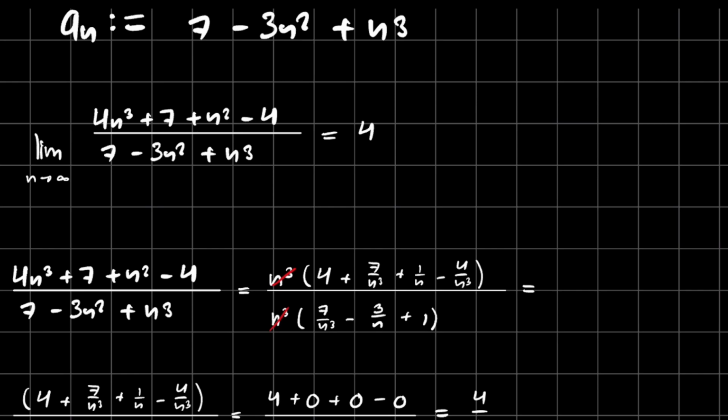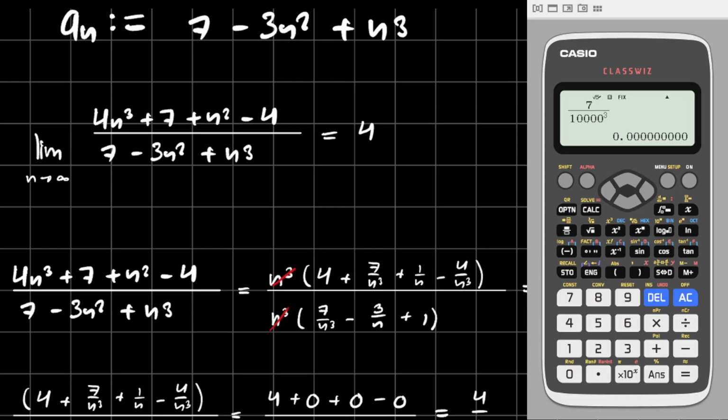And we can check this with the calculator again. Let's do 4 times 10,000 cubed, plus 7 times 10,000 squared, minus 4, over 7 minus 3 times 10,000 squared plus 10,000 cubed.